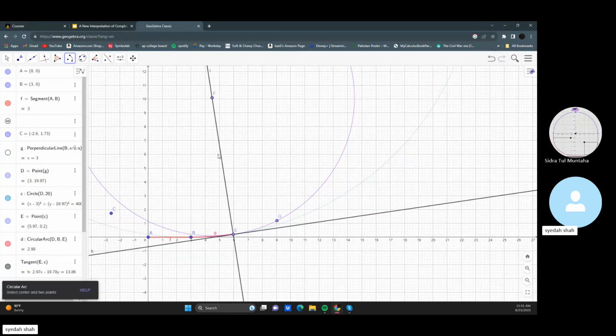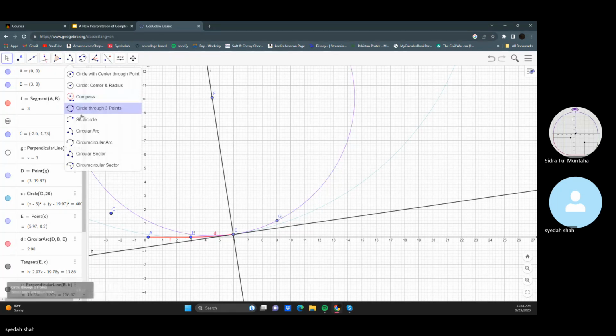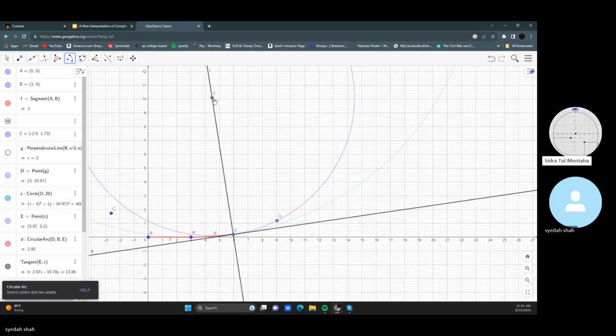Okay, should I put the radius like here, 5 or 10? Oh no, at 10, because right now you are drawing the circular arc, not another circle. First click on F, then E, and then G. Press escape.